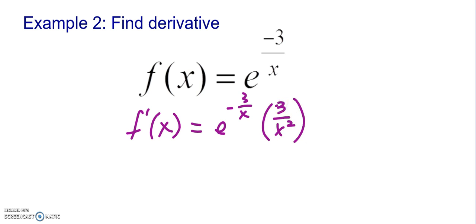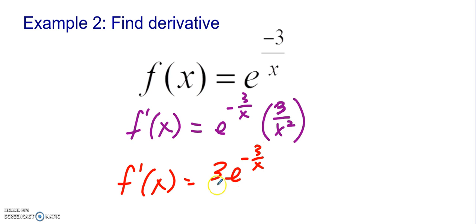Sorry, that looks like a negative. It's not. And if we wanted to, you don't have to, but we could rewrite this as f prime of x equals 3e to the negative 3 over x squared. So either the purple or the red would be acceptable.